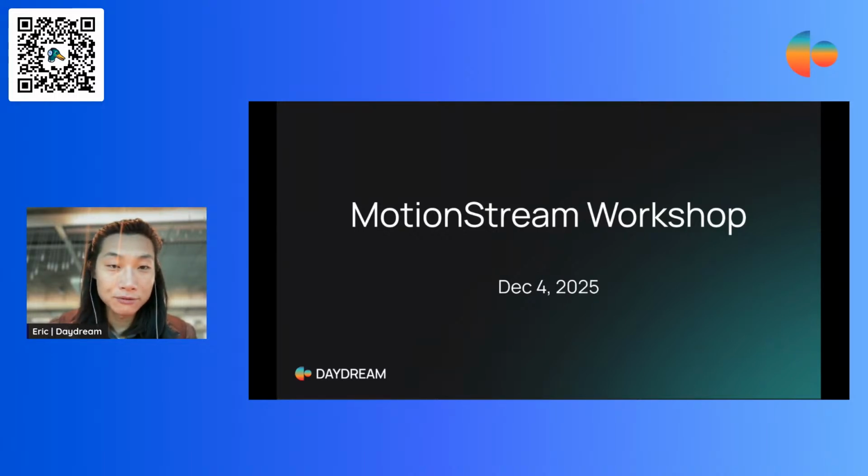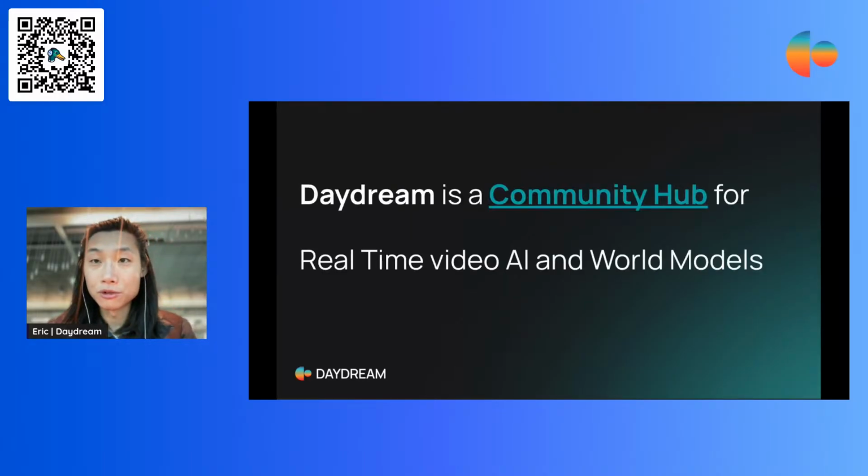Before we dive into the workshop, for those of you who are new in the audience, I just want to share a little bit about Daydream. Daydream is a community hub for real-time video AI and world models. We do a lot of open source work in this space, really to feature the work that the community is doing.